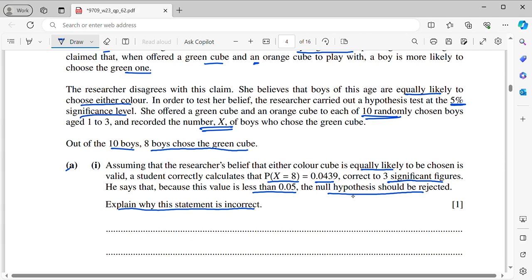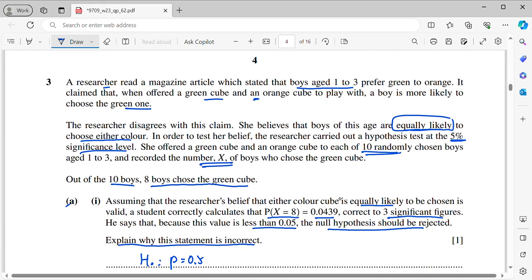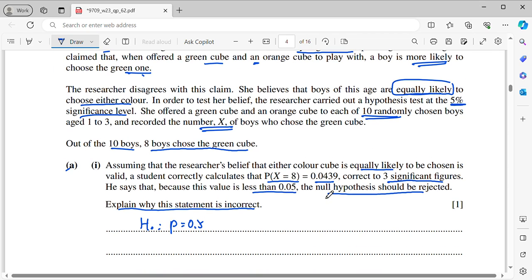Okay, basically, our H0 is p equals 0.5 because equally likely to be chosen. Now, it's mentioned that the boys are more likely to choose a green one. So now your X is how many boys choose the green cube. That means now it believes that p is greater than 0.5. Therefore, it's a higher percentage to choose a green cube.